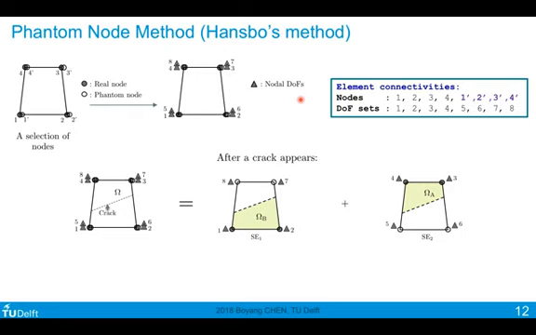Now, when a crack appears, what happens is that you make use of both the real nodes and the phantom nodes to form 2 sub-elements. Each sub-element has only part of the domain being active, meaning that only part of the domain has the real material. The other part, for instance, here is empty. Similarly, here you have only omega A having real material, and this part is empty.